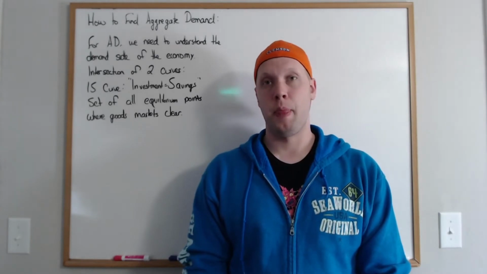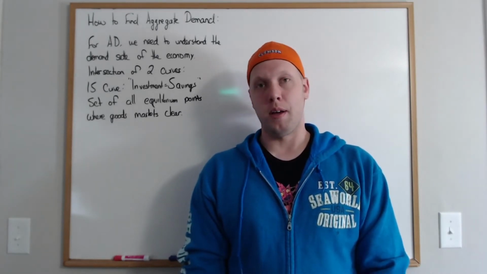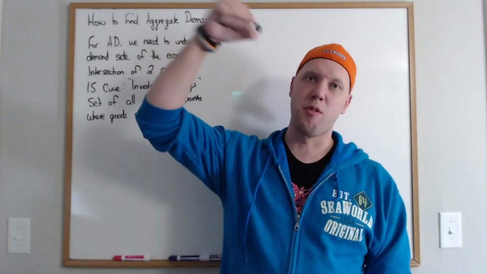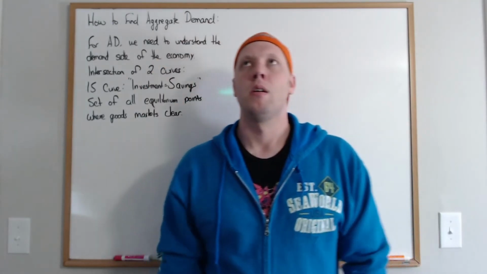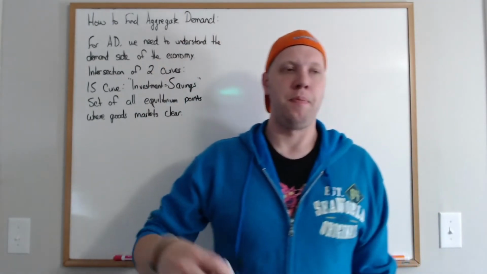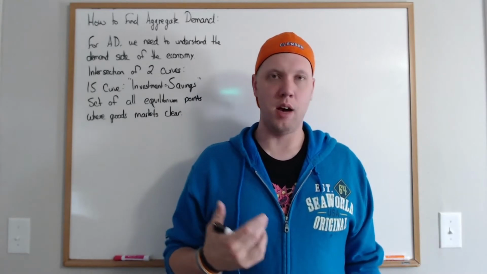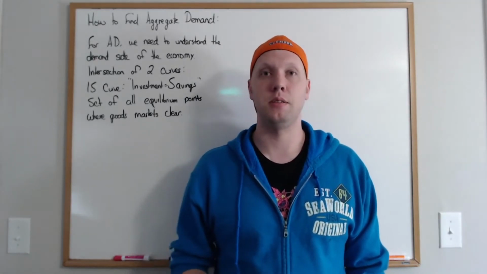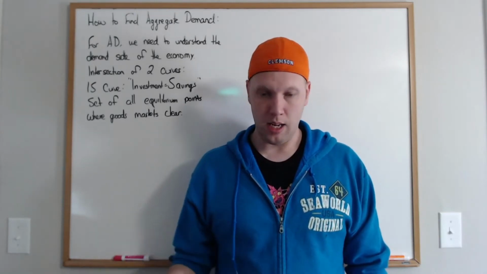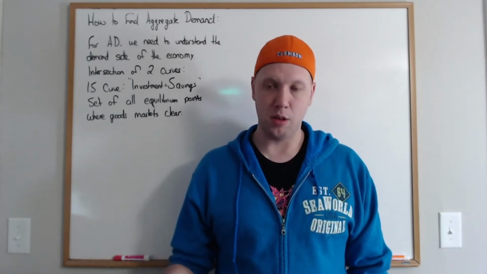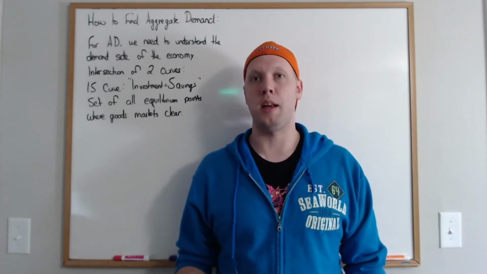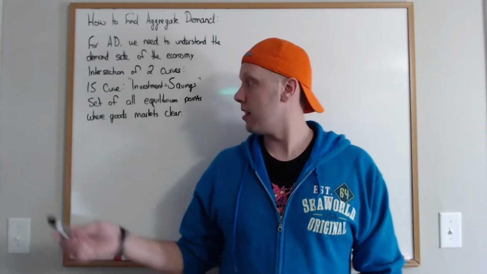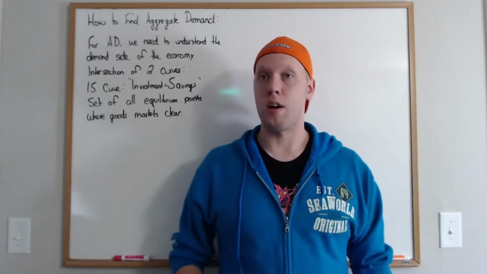Now, finally, government. When there's a government spending shock or a fiscal policy shock, whether it's a cut in taxes, an increase in taxes, an increase in spending, or a decrease in spending, that's going to be reflected in the IS curve.